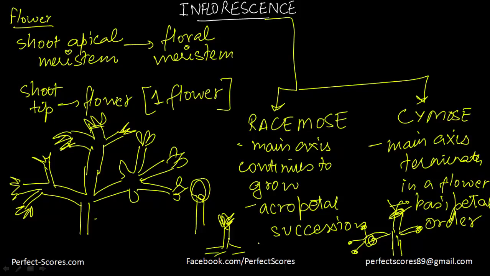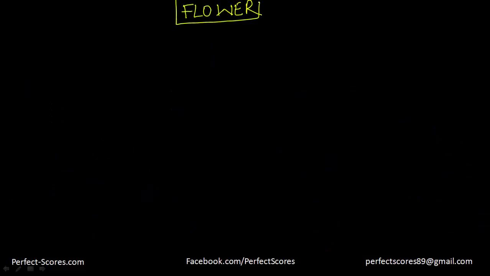Now the next thing that we are about to do is description of the flower in detail. Now in case of angiosperms, flower is meant for sexual reproduction, and that is the reproductive unit. Now a typical flower has four different kinds of whorls arranged successively on the swollen end of a stalk. So let me put all this information here.